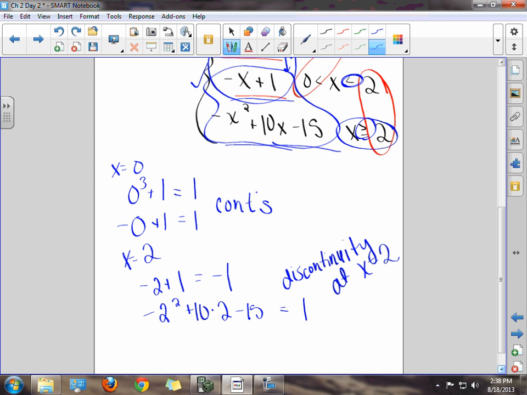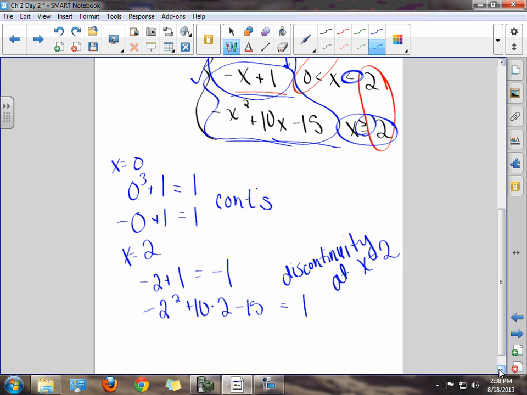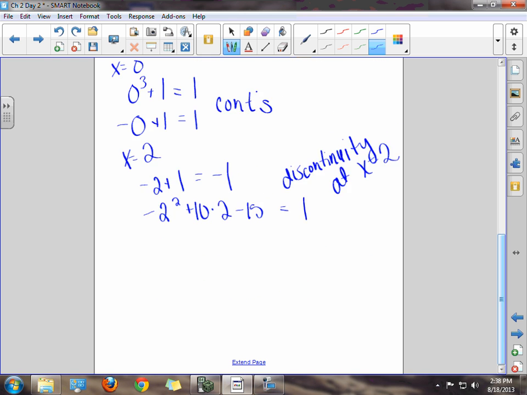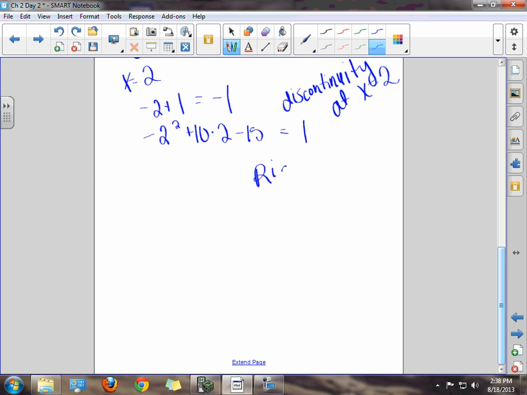So this would be right continuous. And then I'm just going to say down here: right continuous at x equal 2.